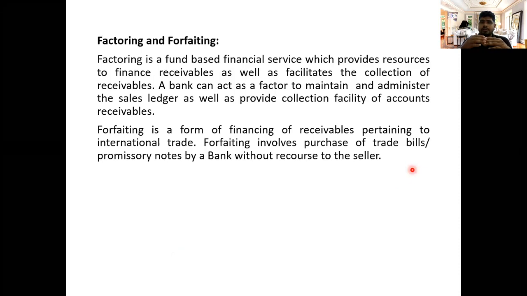So until maturity of those receivables, they are unable to get money. So what they do is submit their receivables, their debtors, to the bank, and on behalf of the receivable debtors, the customers, the bank will give that money to the company, and later the bank will collect the money from the particular debtors.